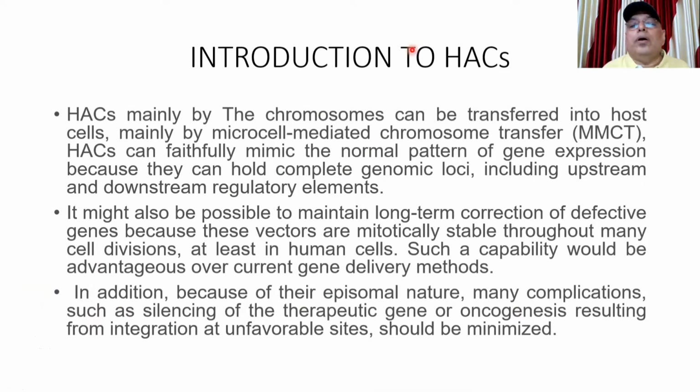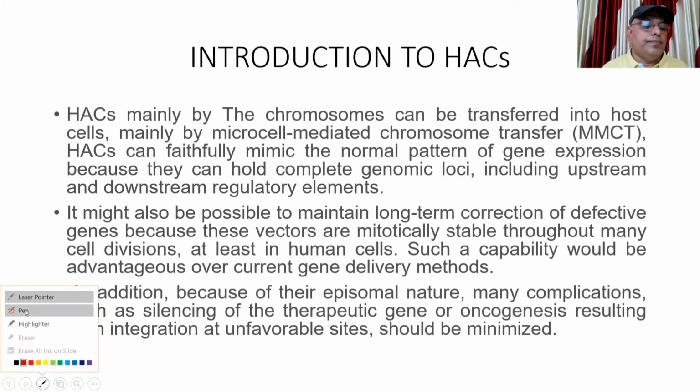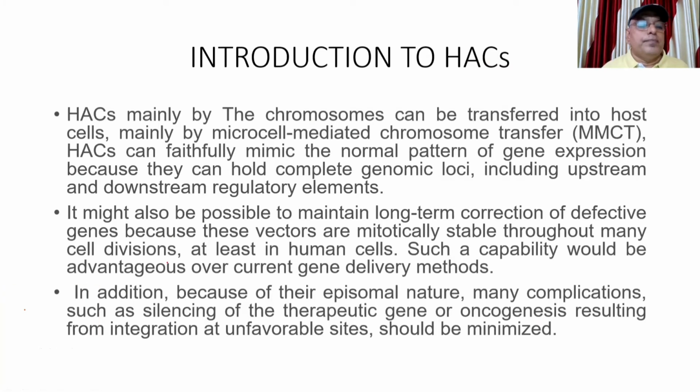Now, we have come to the ultimate of the artificial chromosomes, and that is the human artificial chromosome, or HAC. So here we have human artificial chromosomes, that is, HACs.